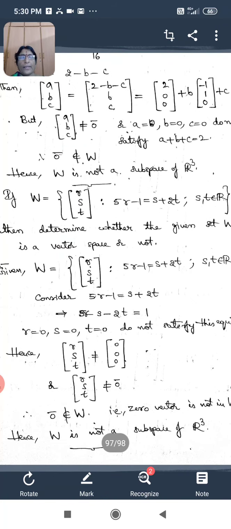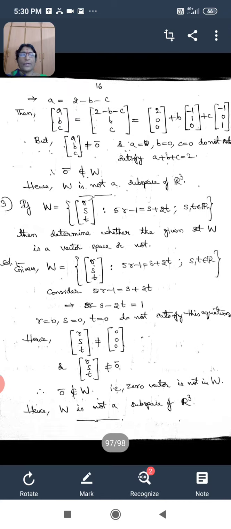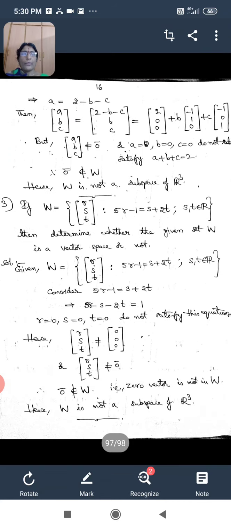If I take R is equal to 0, S is equal to 0, T is equal to 0, all three variables as the real number 0, then we can see that these values do not satisfy the equation given to us, that is 5R minus S minus 2T is equal to 1, because 5 into 0 minus 0 minus 2 into 0, the left hand side becomes 0, but the right hand side is 1. So 0 can never be equal to 1.